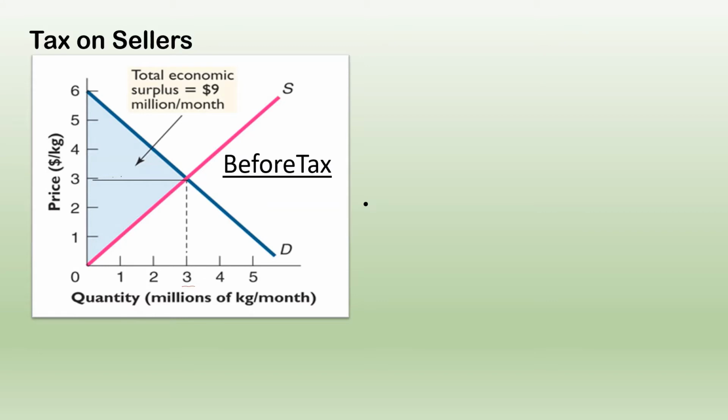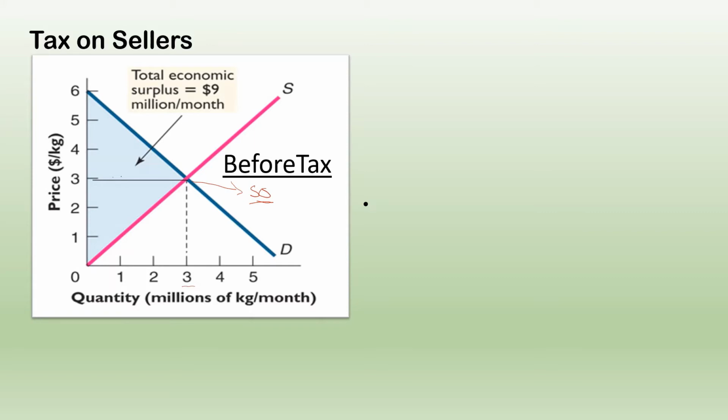This is the output level, which is also known as the social optimum level of output. At this level of output, both buyers and sellers are equally happy with this trade of the good.